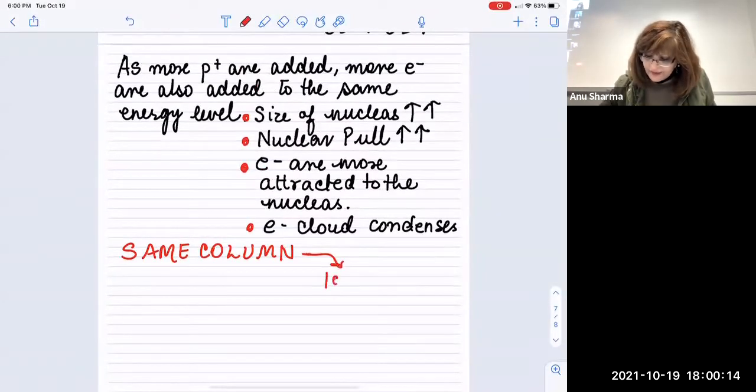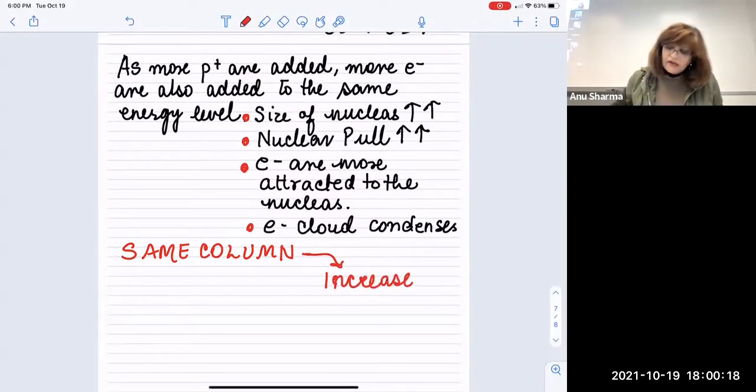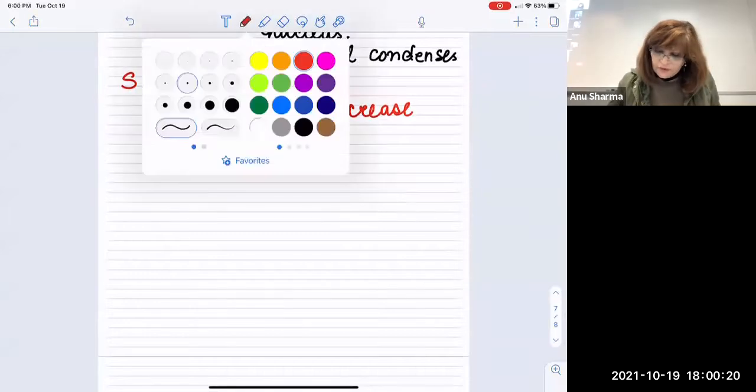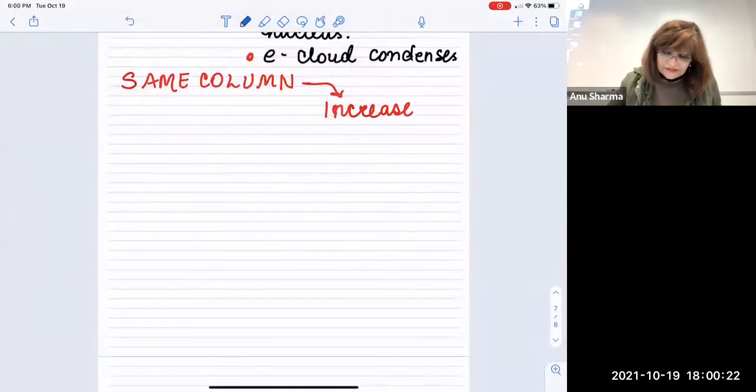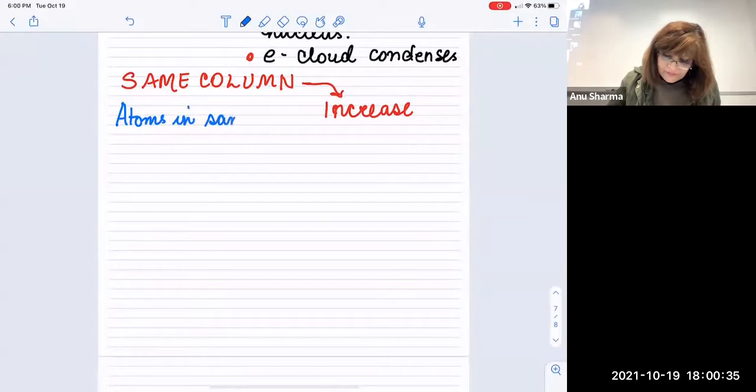Now, why does this happen? As you go from top down, what happens? Atoms in the same column, from top to bottom.